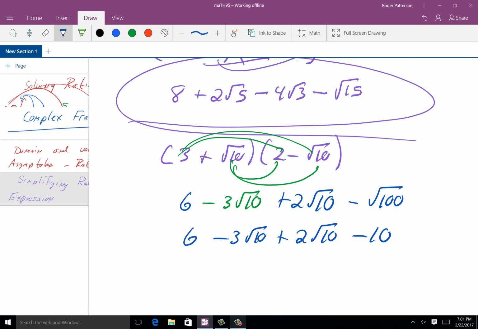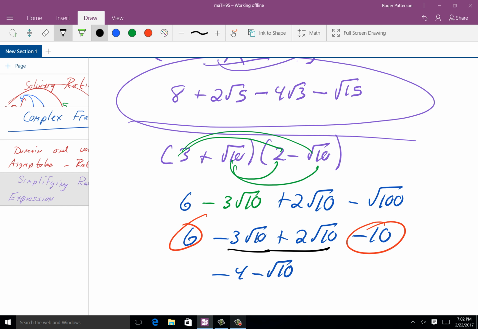So what is this all going to simplify down to? Yep. So we take the common number, this one here, that's common. These two are common. And then we get our answer. And that's how you're going to multiply them. So, did you understand this one? Okay. And so the square root of 100 is 10. So now we're going to add the common thing.